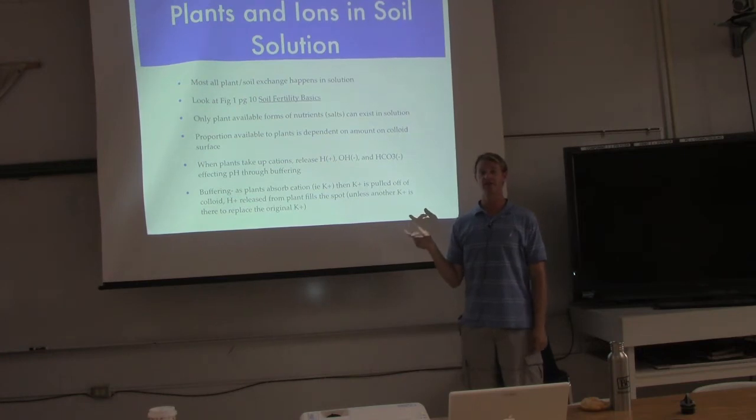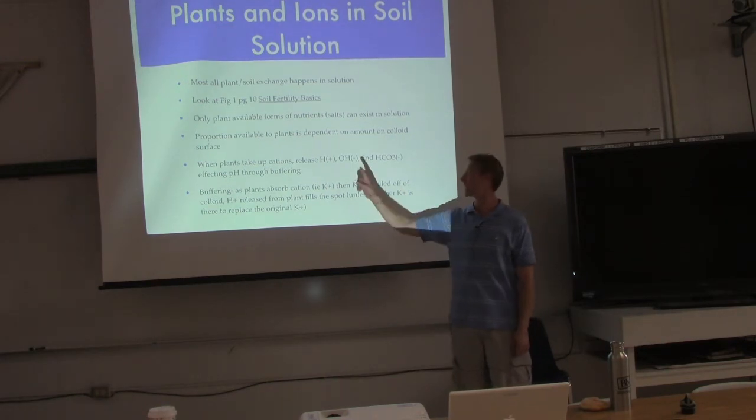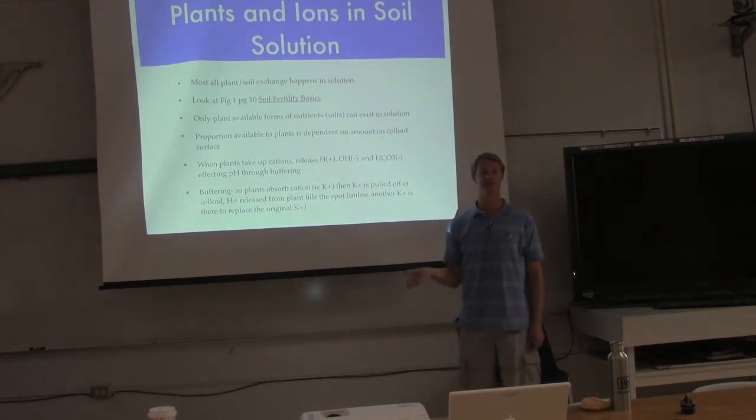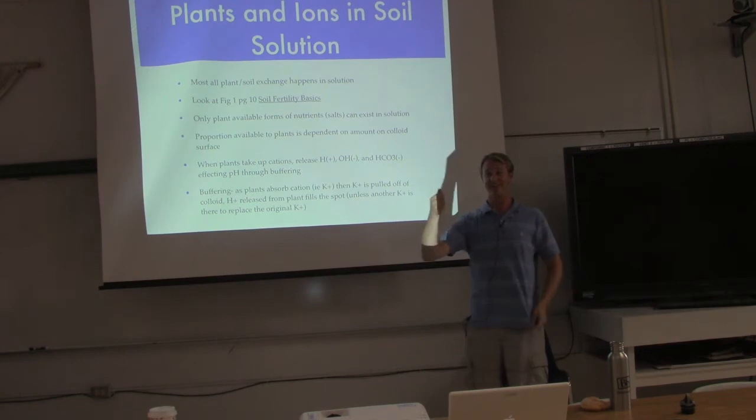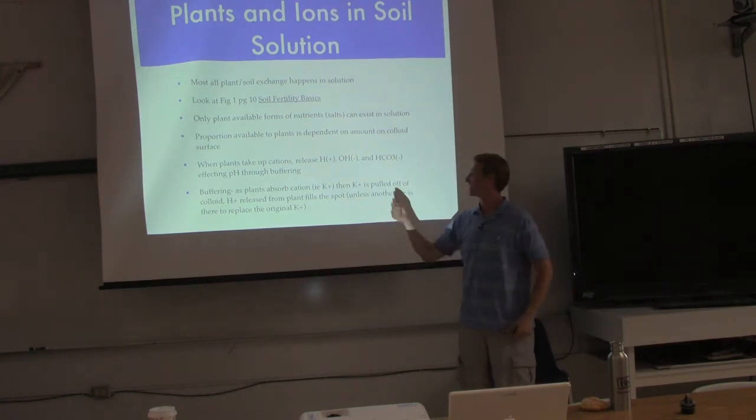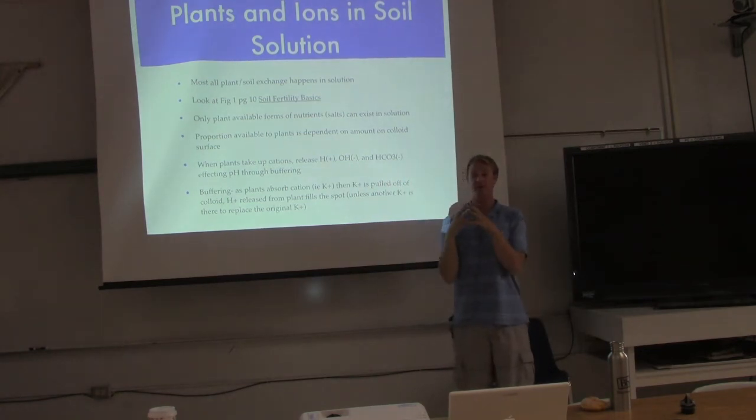Since most root hairs are negatively charged, if the plant releases a negatively charged anion out of its root hair, it usually does what? Well, it can't bond, negative and negative, it just goes away. Well, it doesn't just go away. It eventually finds an available spot and takes over that spot on a colloid surface.